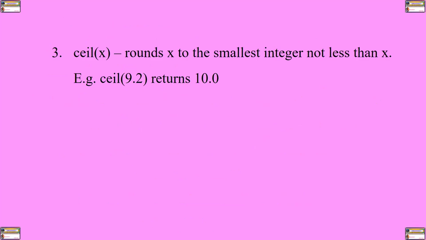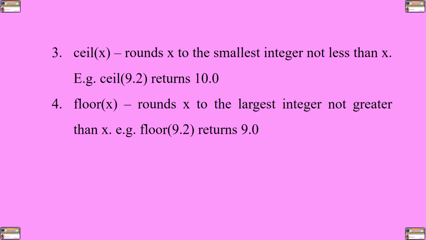Another function is ceil. It rounds the value passed into it, for example value x, to the smallest integer that is not less than x. For example, if you pass 9.2 into a function called ceil, it will return 10.0. We have another inbuilt function like floor.